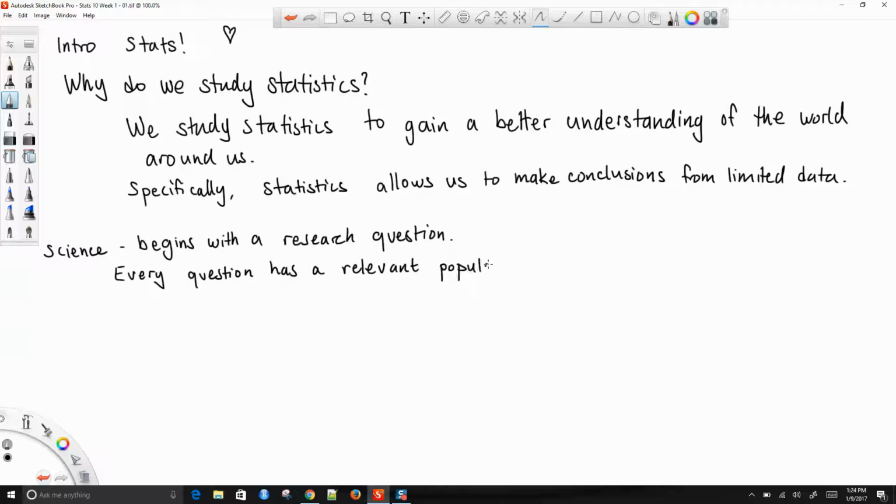And what I mean by that is that the population is the group of people or things or whatever it is that you're studying that could potentially be used to help answer your research question. So this is everyone or everything that is possibly relevant to helping answer the question.